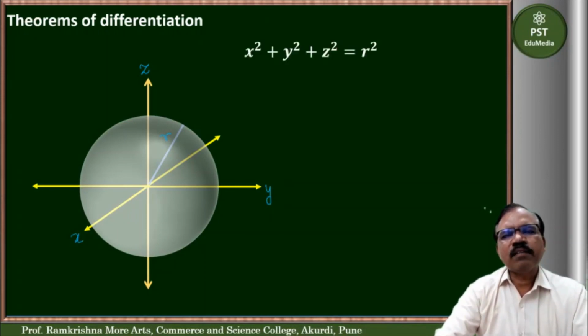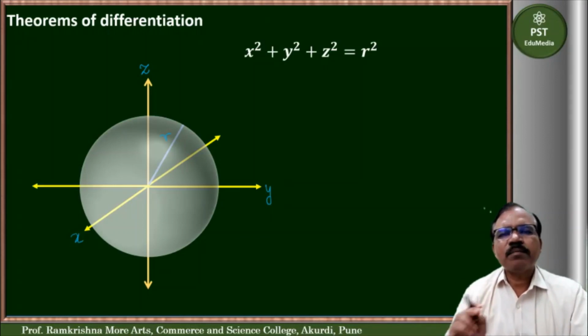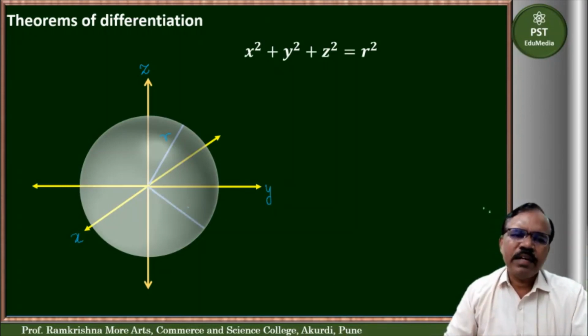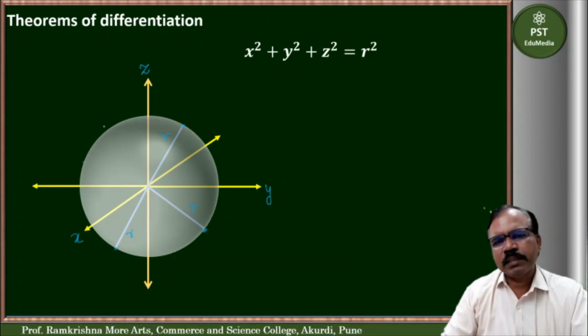We write that equation as x square plus y square plus z square is equal to r square. If we go anywhere on this surface, r is constant, and x square plus y square plus z square is equal to r square is satisfied at any point on the surface.